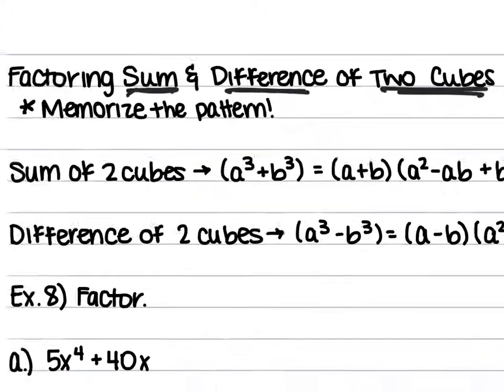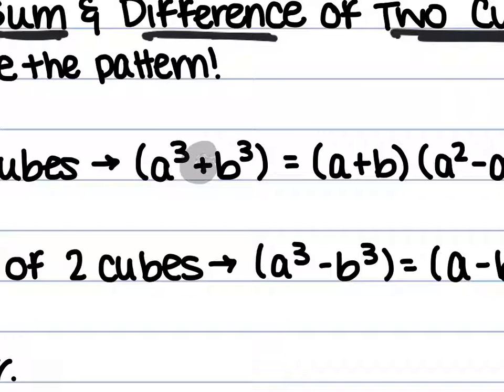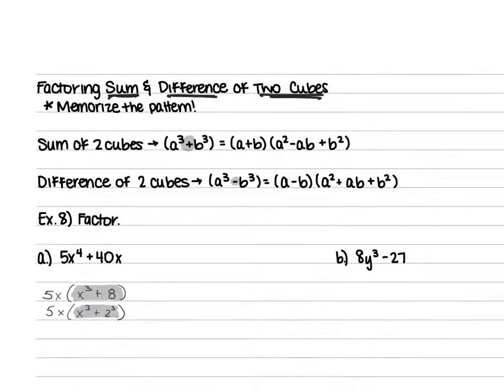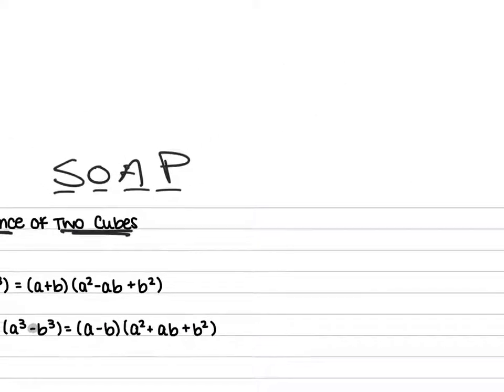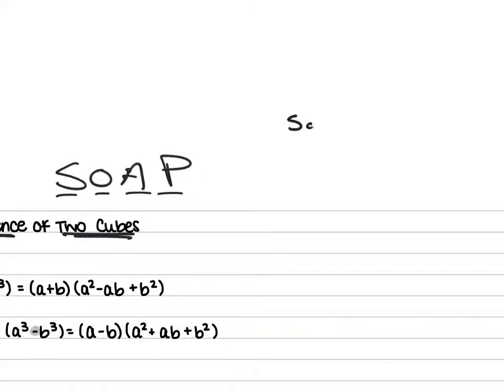So here's how it works. When you've got either the sum or the difference of 2 cubes, like we do right now, we use something that I call the SOAP method, S-O-A-P. I'll explain it in just a minute.